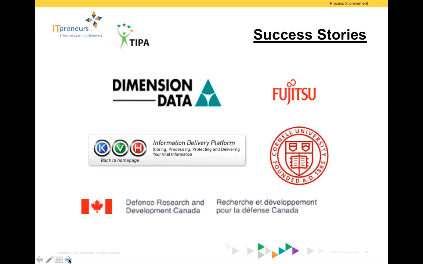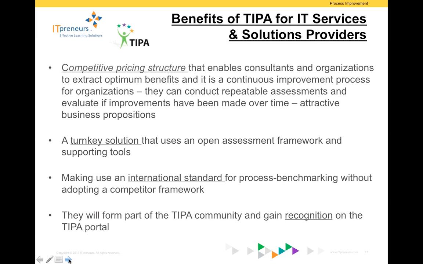So here, just to summarize the benefits of TIPA for a service and solution provider, I did touch on that with the pricing structure that has been defined to make sure that you can get the right level of what you need. If you need only assessors internal to your organization, there's a small cost associated with it.